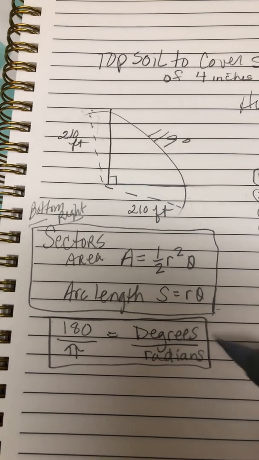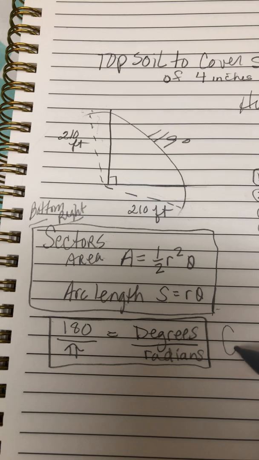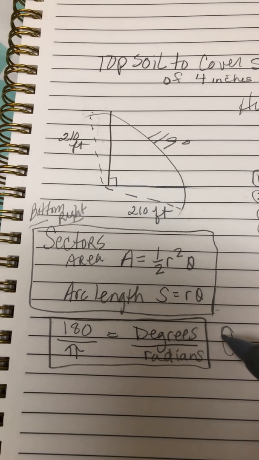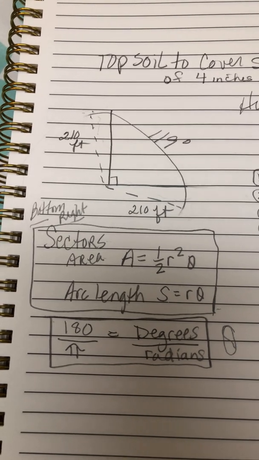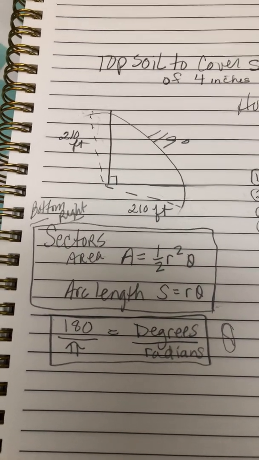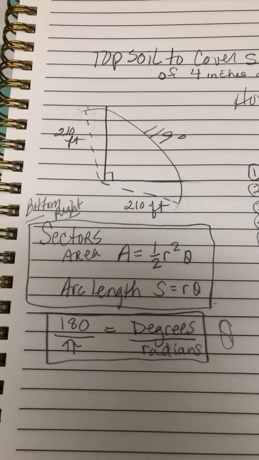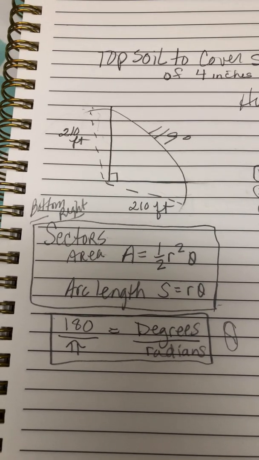Radians looks almost like an O or an oval with a little squiggly line going through it. We're going to be using those two boxes in particular to work on this problem.